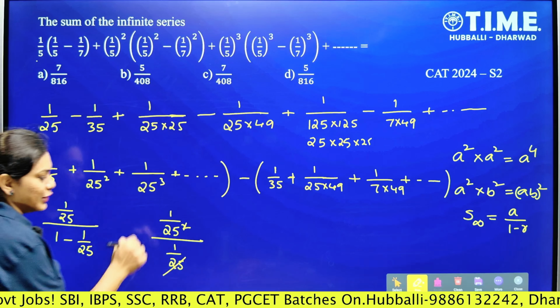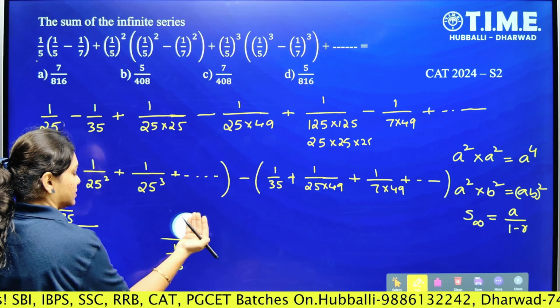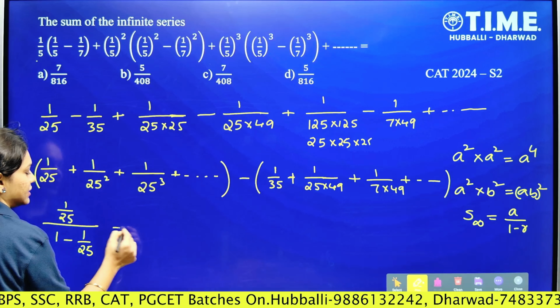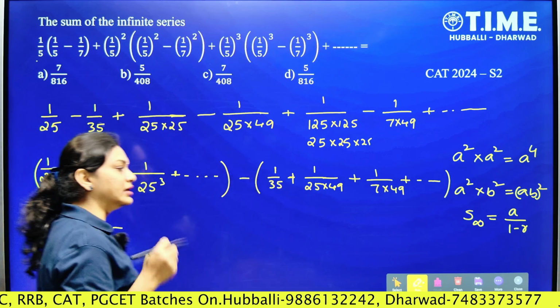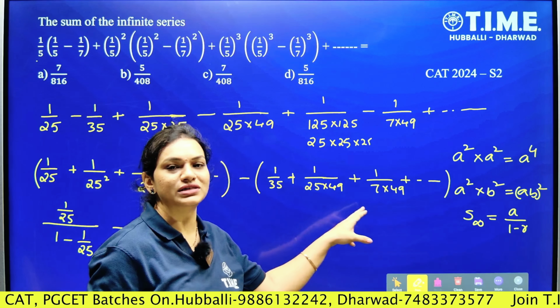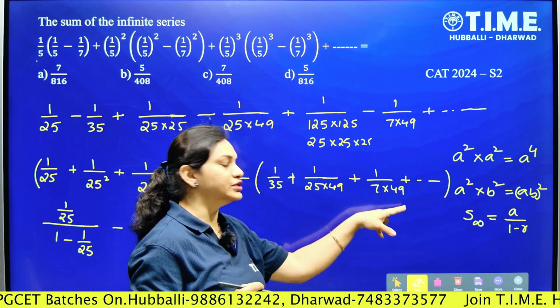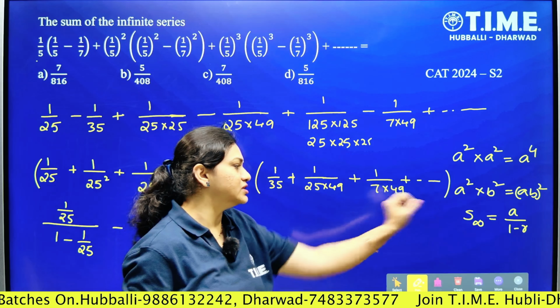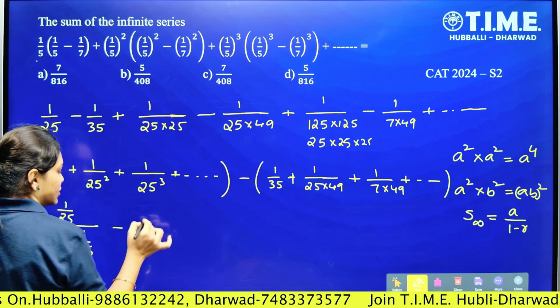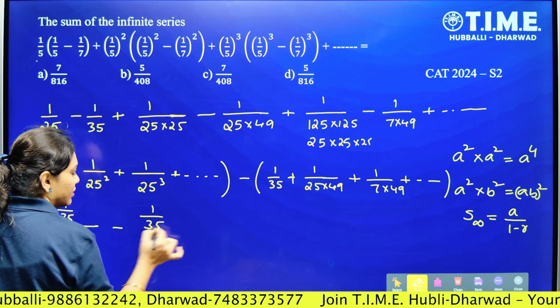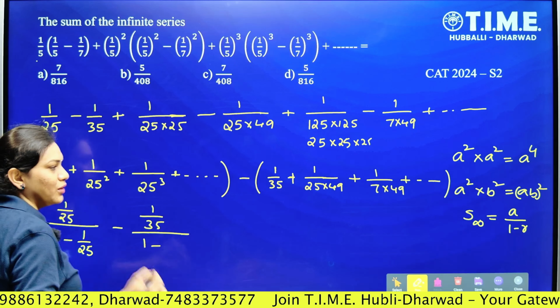If you want this calculation part, pause the video and write it down. So this is minus. Again, this entire term is in GP. Since it is an infinite series, we can apply the same rule. So it is 1 upon 35 upon 1 minus the common ratio.